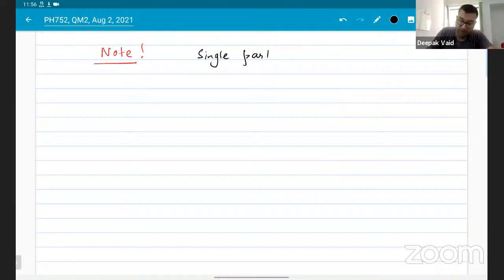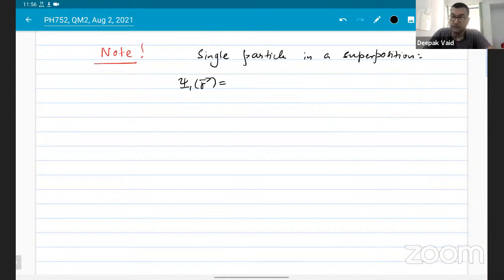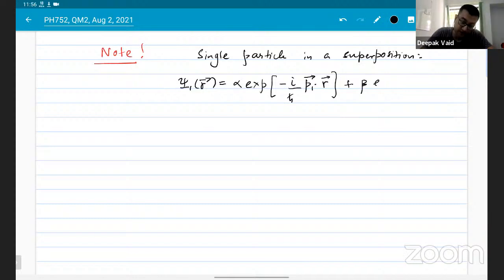You can have a single particle in a superposition, so that you would write the components of the state vector as, let's say, something like this: exponent minus i by h bar p1 dot r. Okay, and then you'll put some alpha over here and some beta and exponent minus i by h bar p2 dot r.